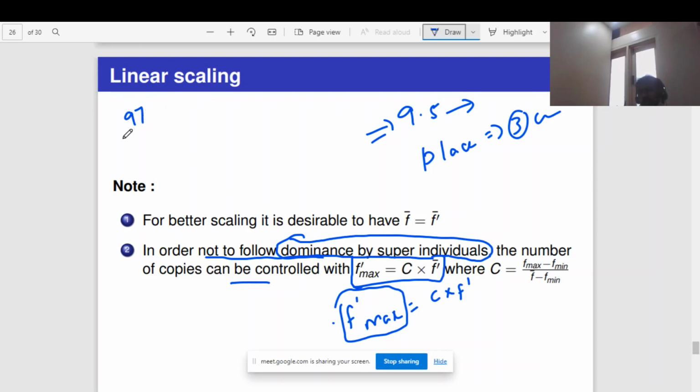But if you keep creating offspring with the same individual, then the resultant offspring will also be of similar fitness score, which is not healthy, right? So there should be an upper limit on how many times an individual with the best fitness score can be selected. Beyond that, he should not be selected. That is what is called not allowing dominance by superior individuals.